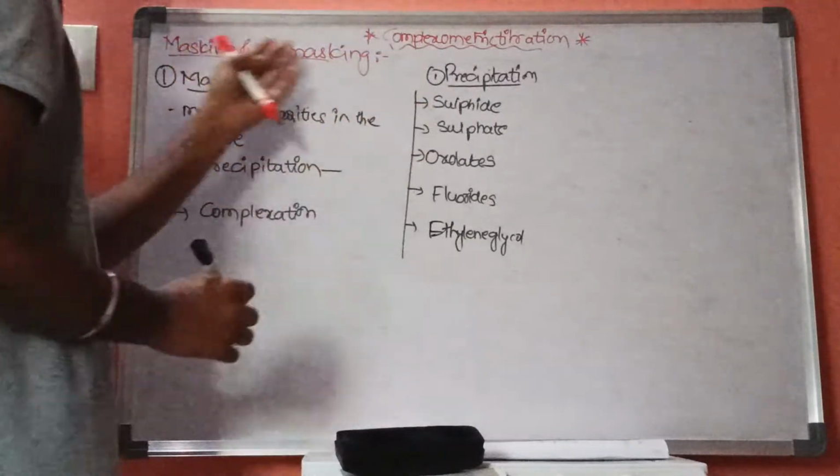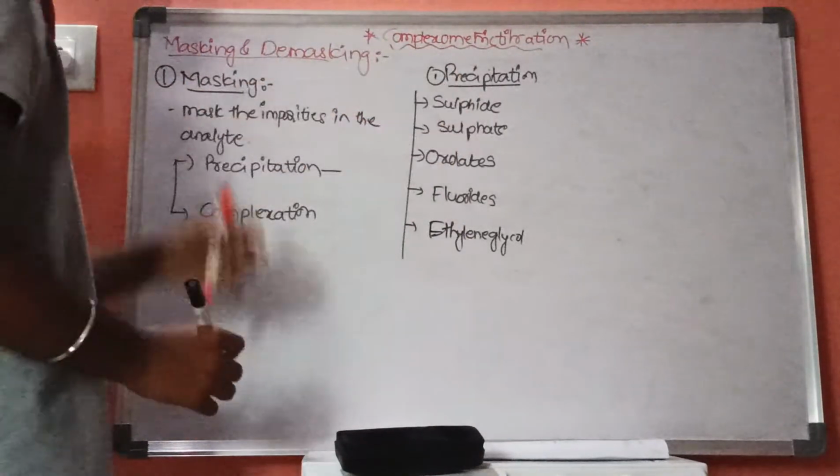These are the 5 different types of masking agents which are used in the precipitation method.